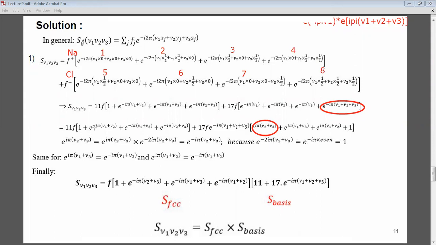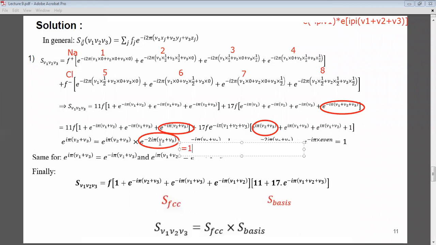But e to the i pi (v2 plus v3) is equal to e to the minus i pi (v2 plus v3). Why is this? Because e to the i pi (v2 plus v3) is equal to e to the i pi (v2 plus v3) times e to the minus 2 i pi (v2 plus v3). This thing over here is 1.